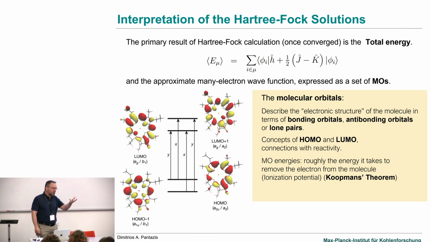And we can look at them, and we can connect to more qualitative concepts of electronic structure. That's where concepts of HOMO and LUMO, for example, come from, and then we can discuss other, more fuzzy concepts of chemistry based on the molecular orbitals we obtain.